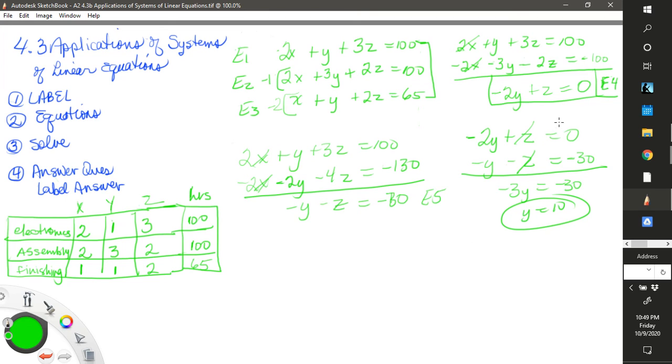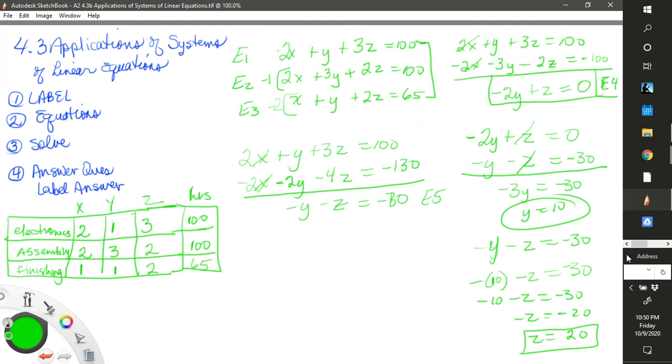I'm going to sub y into one of these, E4 or E5, and solve for z. Let's do it in the bottom one. Negative y minus z equals negative 30. The value of y is 10, so negative 10 minus z equals negative 30. Add 10 to both sides: negative z equals negative 20. Z equals a positive 20.